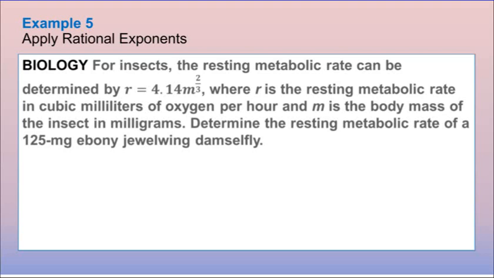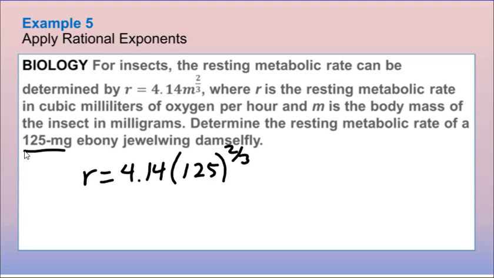So R is the resting metabolic rate. We need to find that. M is going to be the body mass, and the body mass is 125. So R is going to equal 4.14 times 125 raised to the 2/3 power. Now the cube root of 125 is 5.